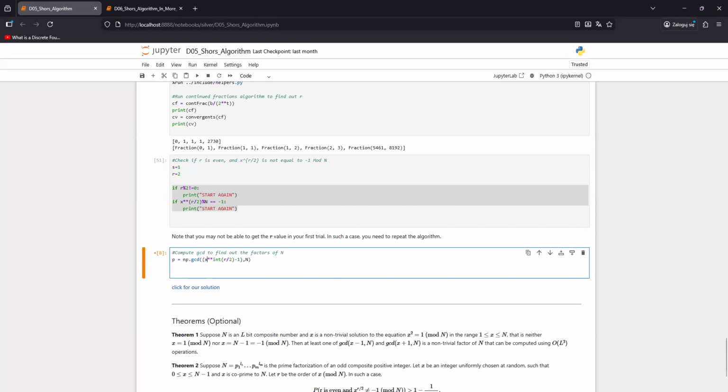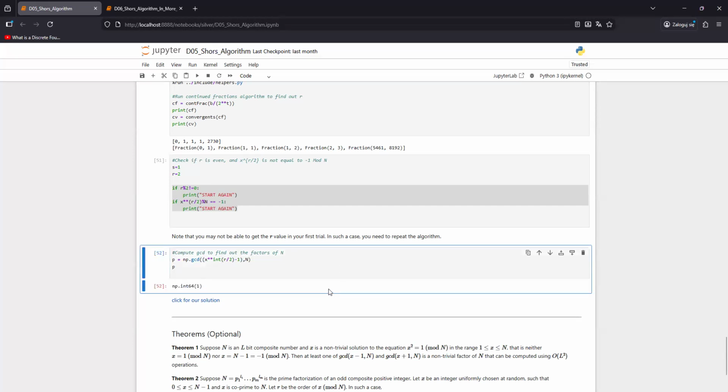So here is our x to the power of r divided by 2 minus 1. So let's check it.